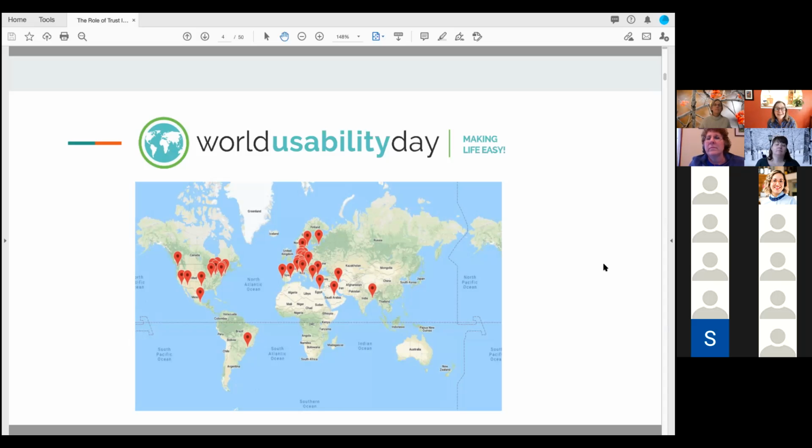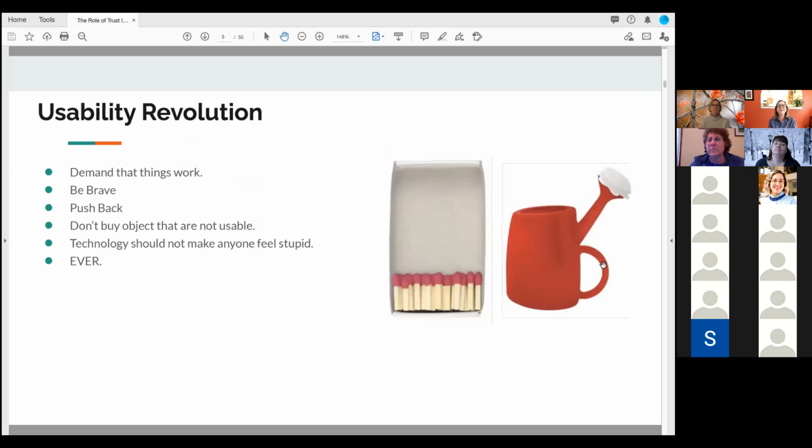But World Usability Day was started to change the world, and I just want to tell you about what that means. Next slide. We actually wanted to start a revolution. We wanted to start a revolution to make sure that users and developers understand that things should work for them, that users should never be blaming themselves when something doesn't work.